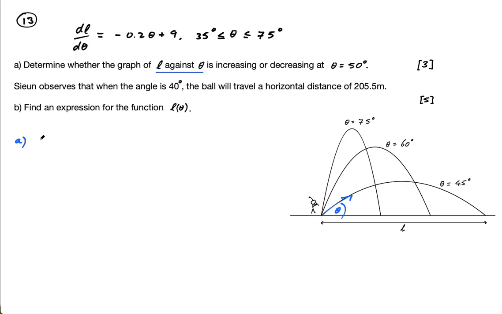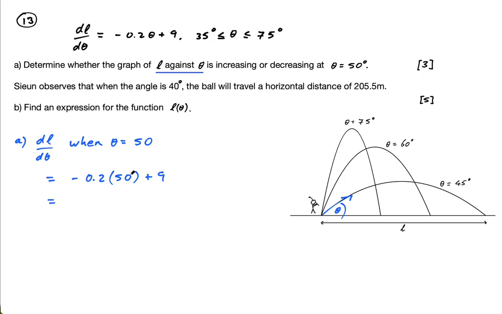So dL/dθ when theta equals 50 degrees is equal to minus 0.2 times 50 plus 9.